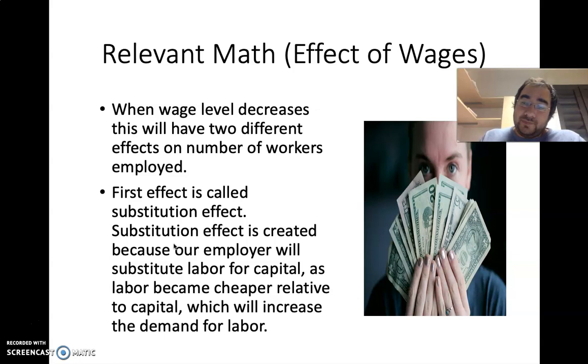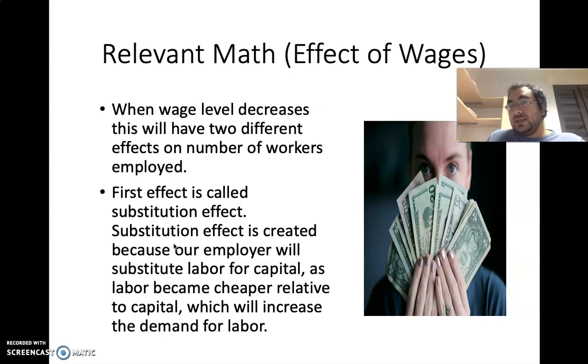And that scale effect means, of course, the company will decrease both capital and labor it is going to buy. Of course, the substitution effect will decrease the amount of labor and increase the amount of capital you buy. The scale effect decreases the amount of labor you buy, and also decreases the amount of capital you buy.